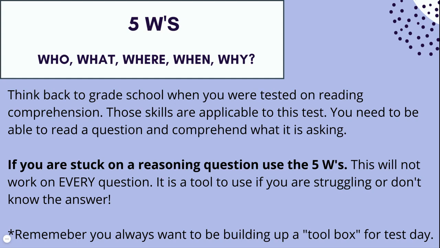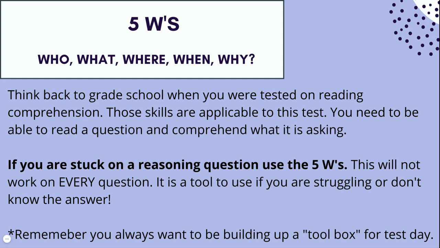So what this does is it forces you to comprehend what the question's asking, right? It's going to say who is involved, what is going on, where is the client, when did this occur, and why does this matter? So some of those skills that we learned way back when, they're coming back now and they're going to be helpful to us. If you're stuck on a reasoning question, and remember those reasoning questions require critical thinking, you're analyzing information, you're synthesizing.